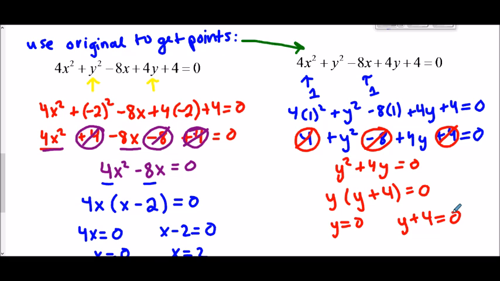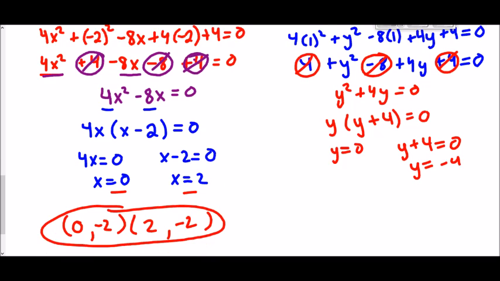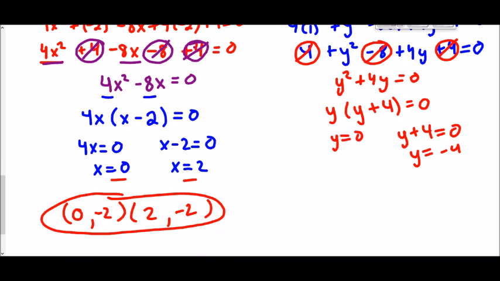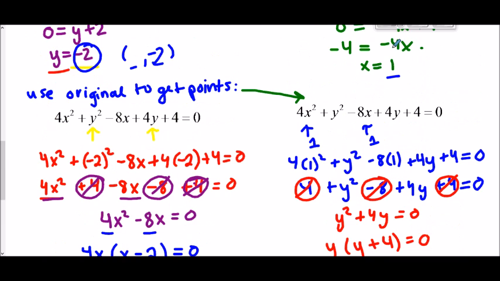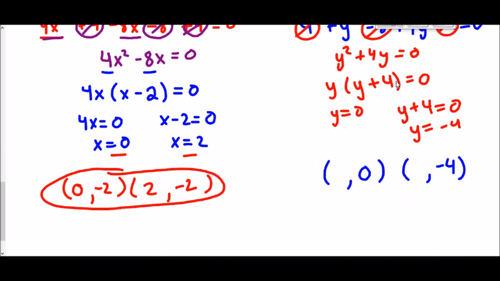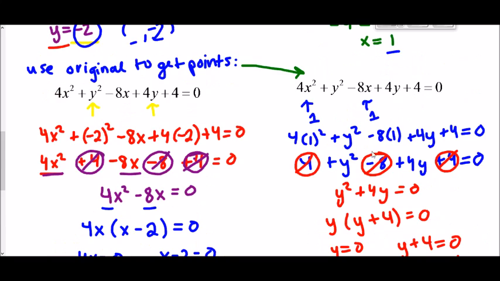This one's already equal. I don't have to solve that one. Subtract the 4 on this one. Negative 4. So again, I'm getting 2 points. A y value is 0. Our other y value is negative 4. Well, what's our x value? Our x value is up here. It's 1. Okay, so these two are the points where the line is horizontal.